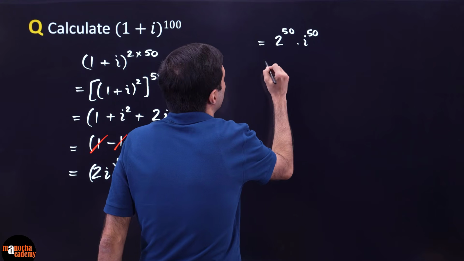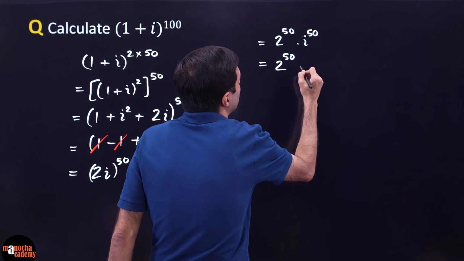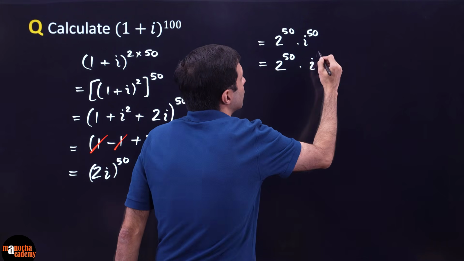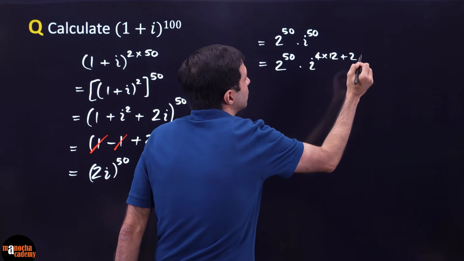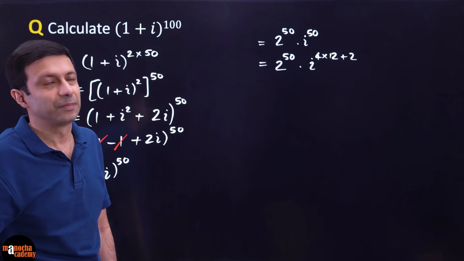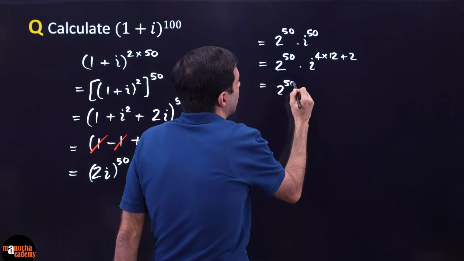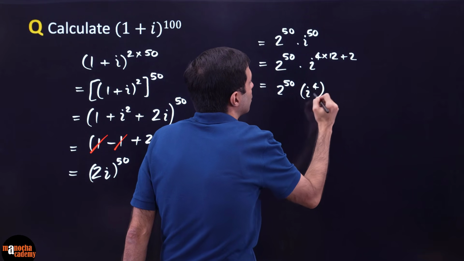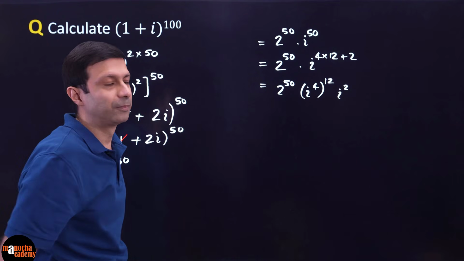So what will you get over here? 2 to the power 50 times i to the power 48 plus 2, that is 4 times 12 plus 2. I have broken it down like this, right? So what are we ending up with? 2 to the power 50, and this is going to be (i to the power 4) whole to the power 12 times i square, because you have this plus 2 over here.